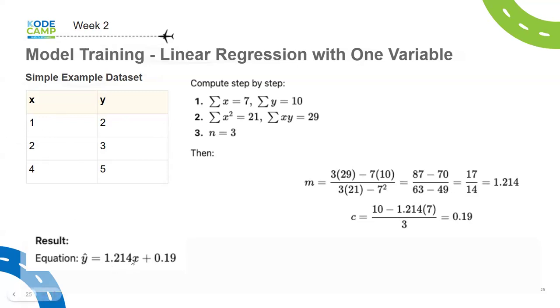In this linear model, the parameters are these two numbers, 1.214, which represents the M, and 0.19, which represents the C. So we have solved and we have trained this model. We didn't actually train it by gradient descent. We just trained it by solving the equation directly. That is called the normal method.